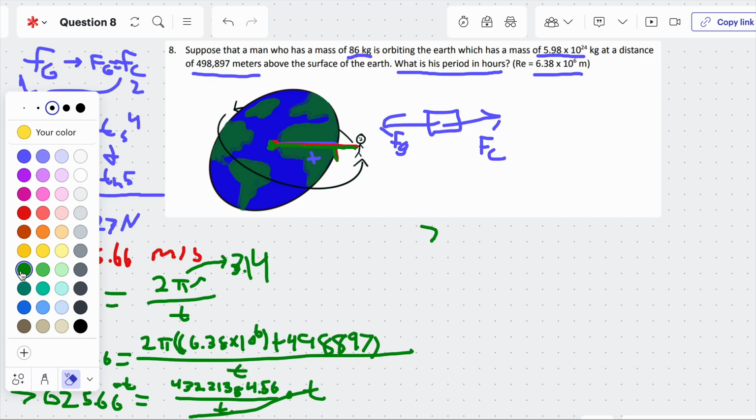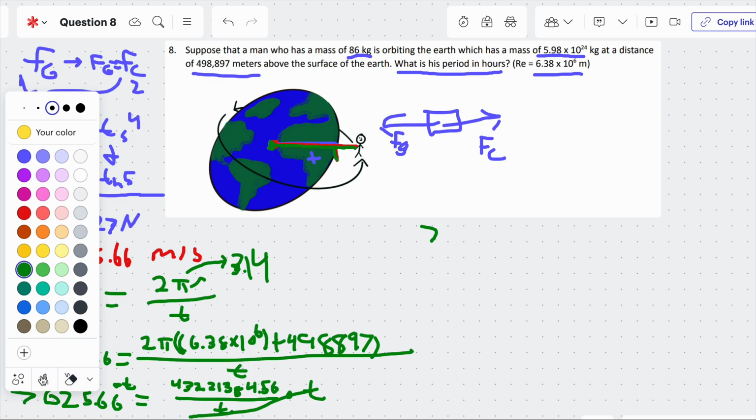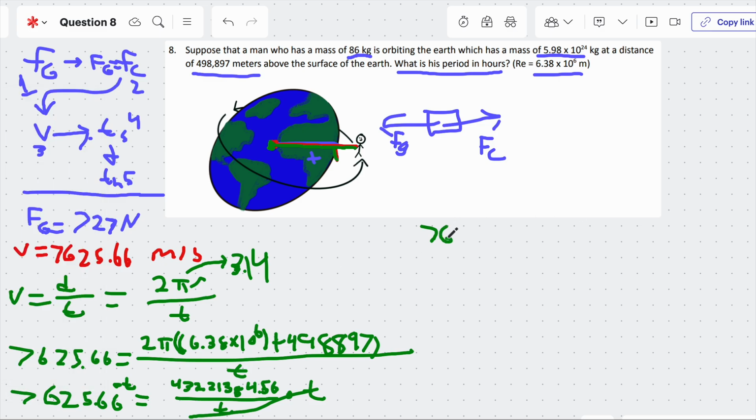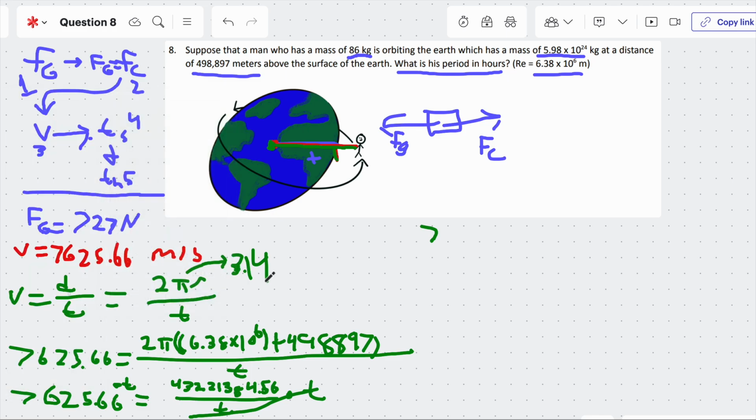Silly me. So 7625.66 t, because we just multiplied by t, equals that super long string of numbers.